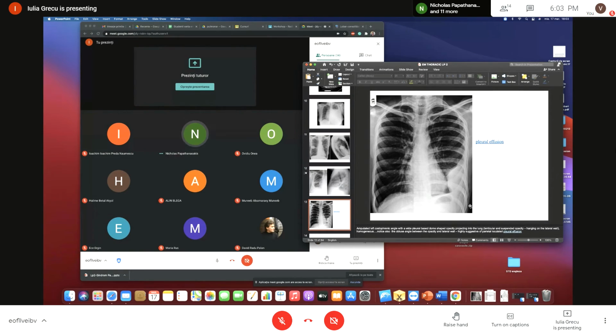Lay him down on his back, and if it's a free effusion, it will uniformly spread along the left thoracic cavity, and we will be certain there is no more loculation in this area.